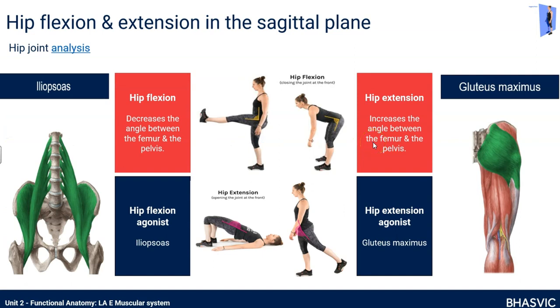So let's look at them pair by pair of movements. Hip flexion. Hip flexion means at the hip joint the angle is reduced, and you can reduce that angle by either lifting your leg up or by lowering your trunk. In both cases the angle is reduced. Hip flexion is caused by one of the main hip flexors called iliopsoas.